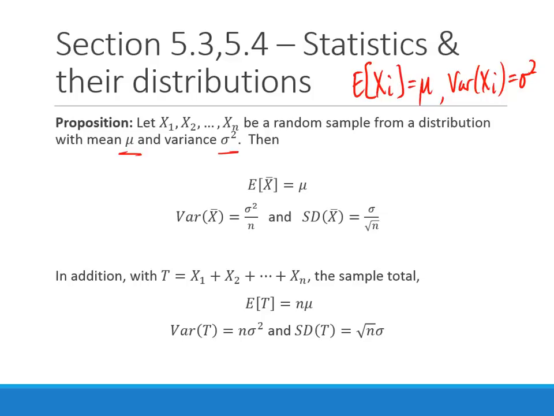The sampling distribution of the mean will also have mean mu. It's going to have the same mean, but its variance is going to be different. These are properties of the sampling distribution.